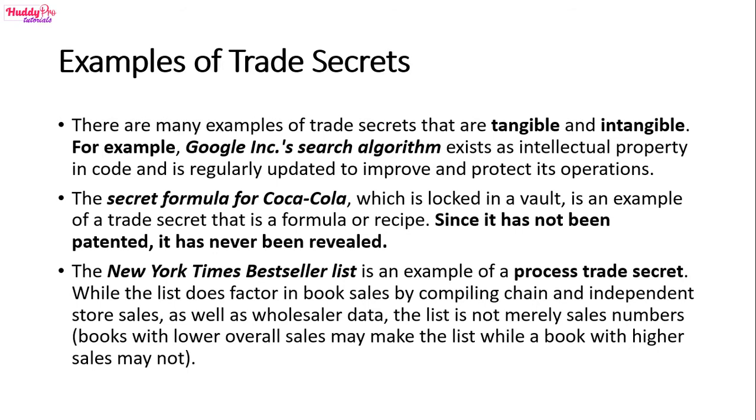But again, at times, this is not the only factor. The list is not merely considering the sales numbers, so you may find a book with higher sales not appearing on the list. So the process, the criteria that they use to come up with this list, is a secret to them. So that's their trade secret, and this is an example of a process trade secret.